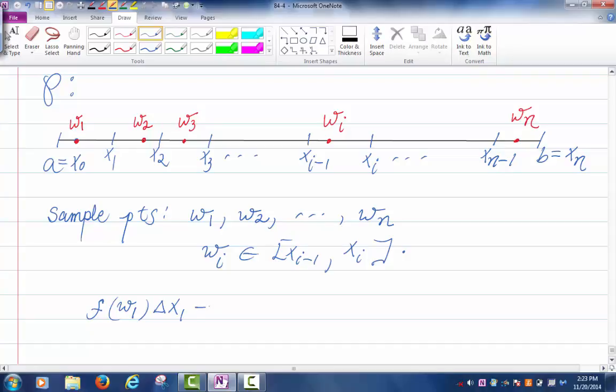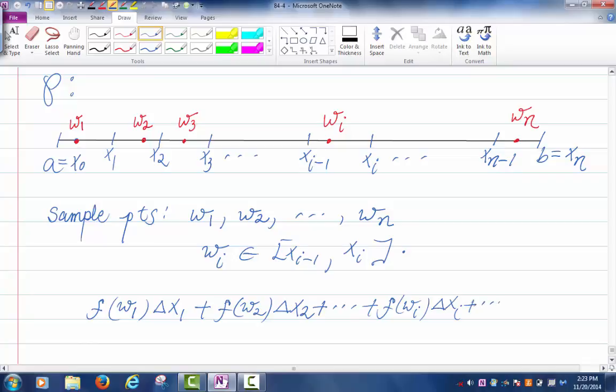Then I do the same thing for the next subinterval. I evaluate f at the sample point W2 and multiply that by the length of the second subinterval. For the ith subinterval, I evaluate the function at the ith sample point and multiply that by the length of the ith subinterval.